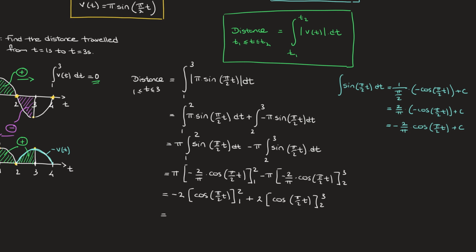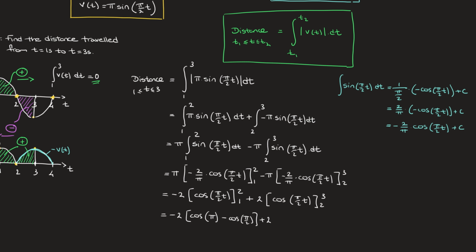This equals negative 2 times, in square brackets, cosine of pi over 2 times the upper limit 2, so that's pi over 2 times 2, which would just be pi, so that's cosine of pi, minus cosine of pi over 2 times 1, where I've replaced t by the lower limit 1. So that's cosine of pi over 2.